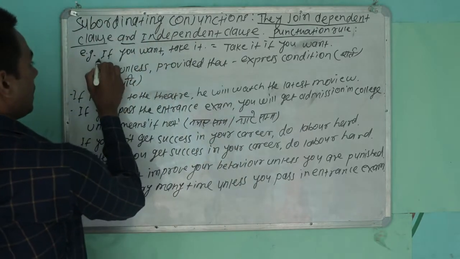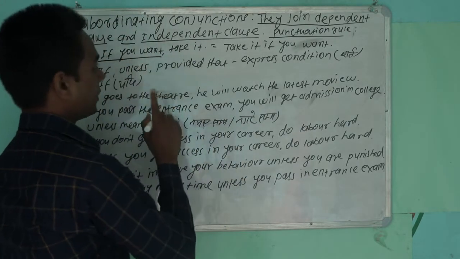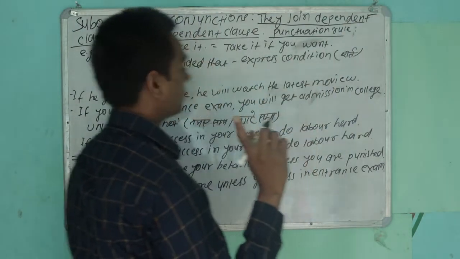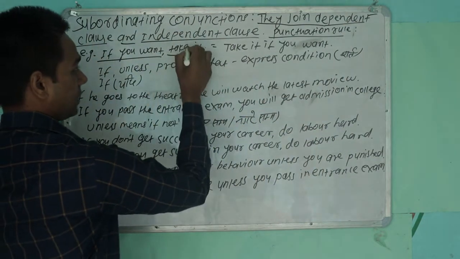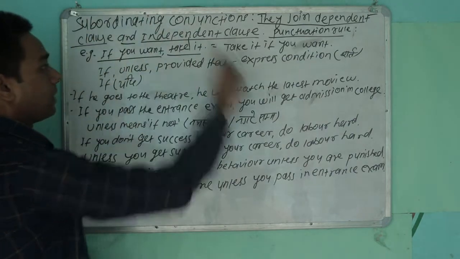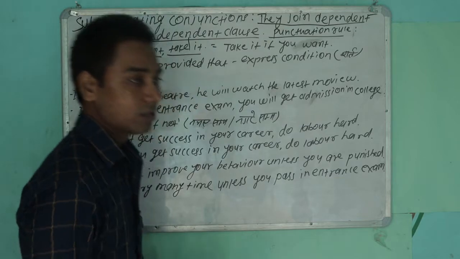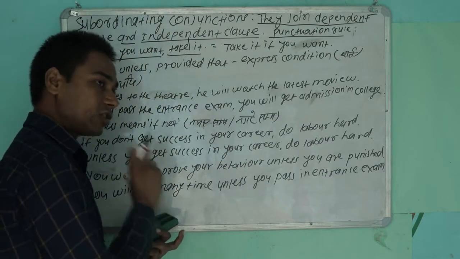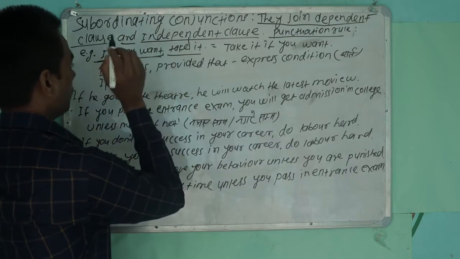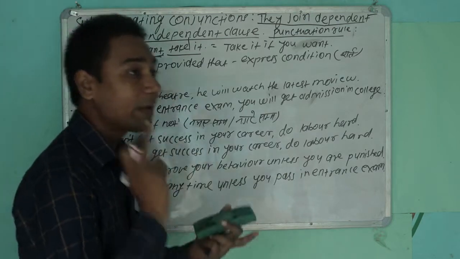Look here. If you want, this is a dependent clause. Which clause? Dependent clause. This is an independent clause. I have already told you, a subordinating conjunction joins a dependent and an independent clause. So this is dependent.